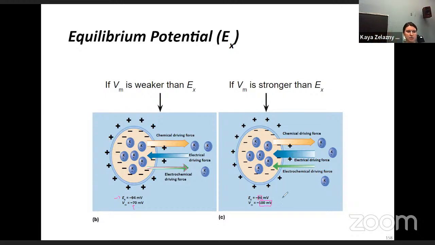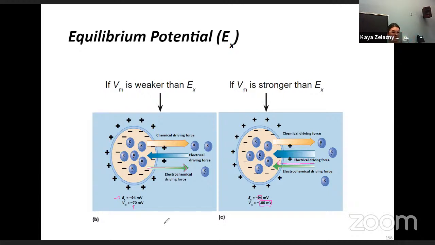So potassium wants to bring the cell to -94. Our cell is at -100. Potassium is a positively charged ion. So we have to add positive charges into the cell to get from -100 to -94. So our total electrochemical driving force is going to be inward into the cell.